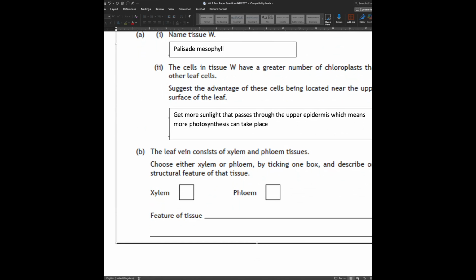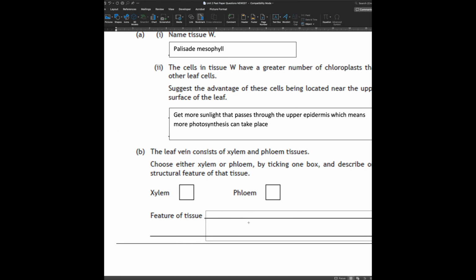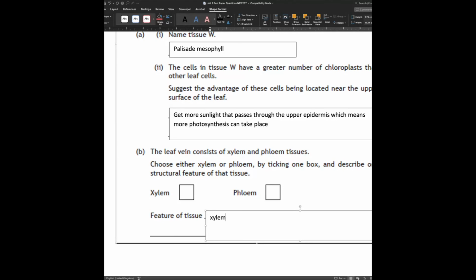And lastly, the leaf vein consists of xylem and phloem tissues, and we have to put down either one, whichever one we feel more confident about, and describe one structural feature of that. So let's just do both, just in case you want to do both. So we'll put down phloem and xylem. A structural feature of the xylem is it has lignin, or it's lignified, to withstand pressure changes.